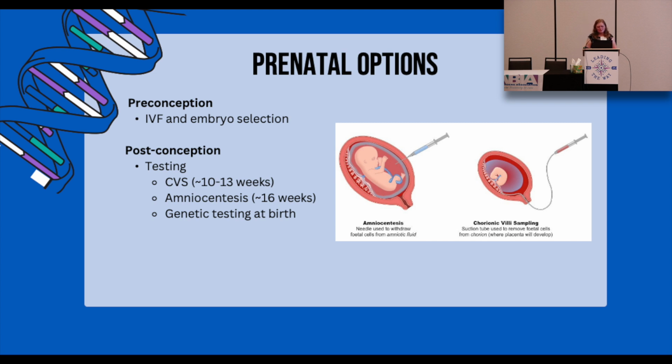And then the amniocentesis is around 16 weeks, and that takes some of the amniotic fluid from around the baby that has some of the cells that they've shed, and looks at the DNA and sees specifically if there are any genetic changes related to the condition that is of concern. And then there's also genetic testing at birth that can be done, and a lot of people make that choice as well.